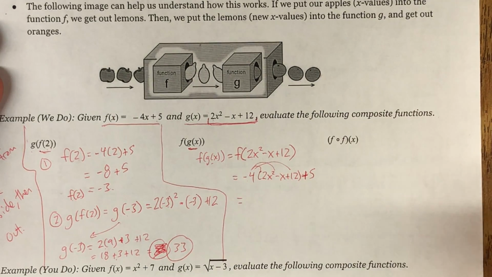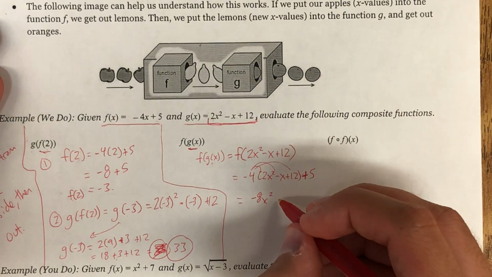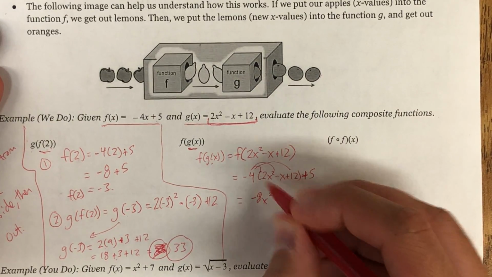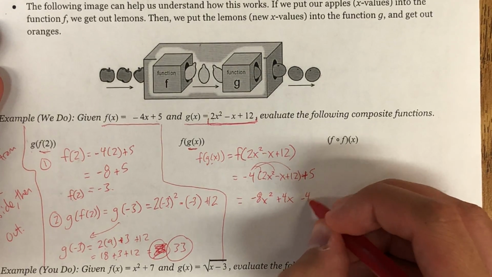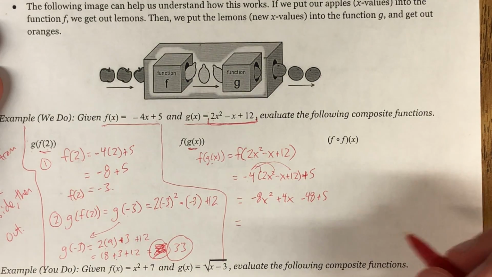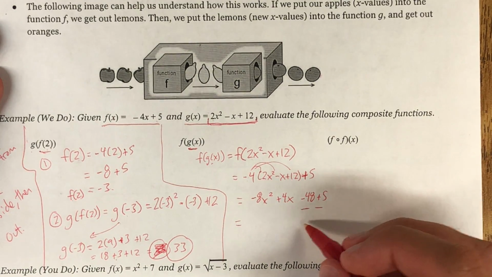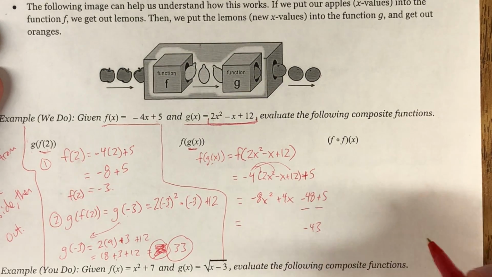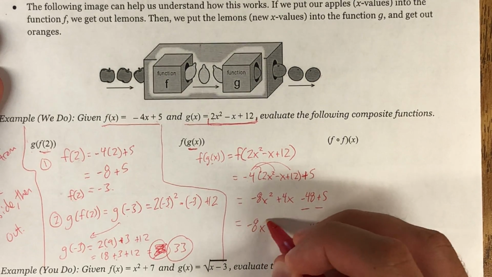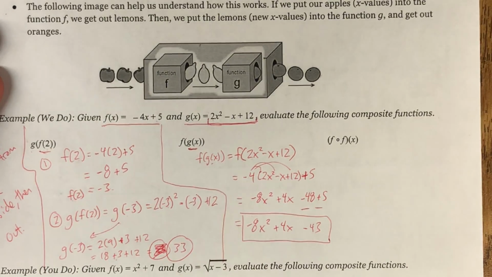So negative 4 times 2x squared is negative 8x squared. Negative 4 times negative x is a positive 4x. Negative 4 times 12 is negative 48. And then we have plus 5. Then it's just a matter of combining like terms. So negative 48 and 5 add to negative 43. And everything else is just as is because there are no like terms. So kind of a weird one.